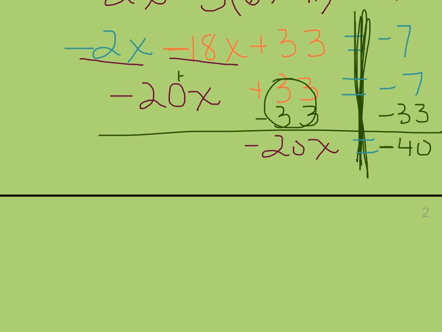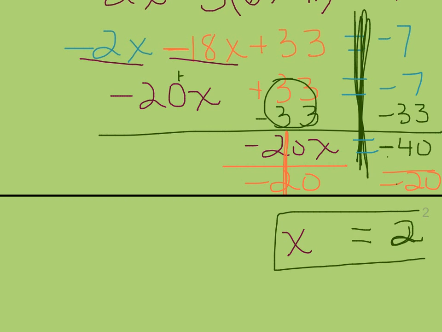Finally here, all we have to do is divide by negative 20 on both sides so that we can get x by itself. So it's 1x, which is x. And we have x equals negative divided by negative is a positive. 40 divided by 20 is the same as 4 divided by 2, just 2.